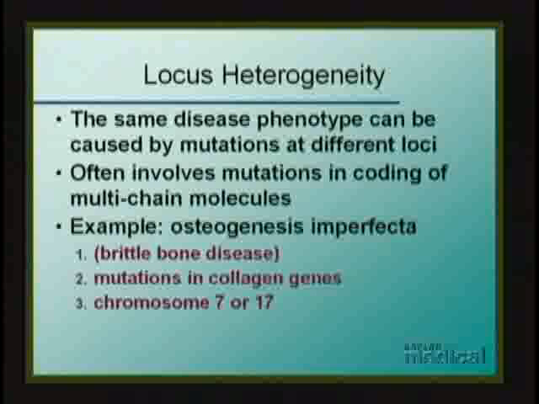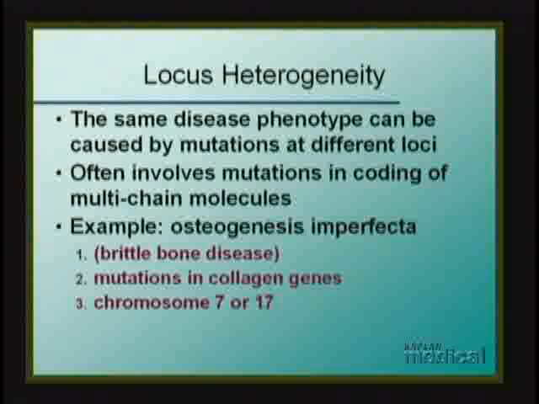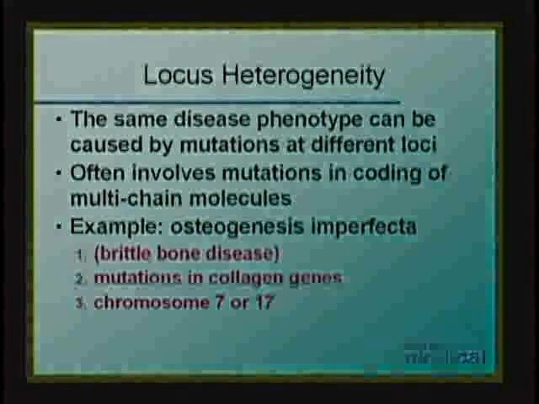Two completely different genes on two completely different chromosomes, but mutations in those two completely different genes giving rise to the same disease. That is an example of locus heterogeneity.